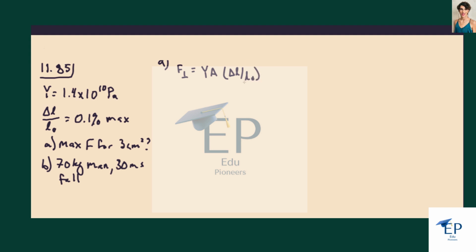And since we know all these numbers, we just plug them in, and we find we would need a compressive force of 4.2 times 10 to the 4th newtons to cause a compressive fracture of the tibia.